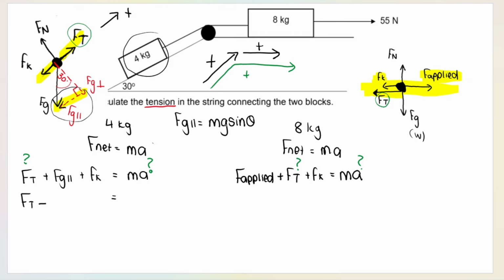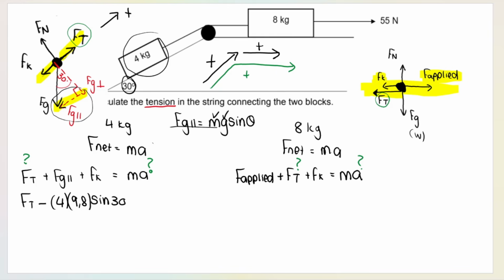Sine because I'm looking for opposite. So the mass of my 4 kilogram block is obviously 4 kilograms. G is gravitational acceleration, 9.8. And the angle of my slope is 30.